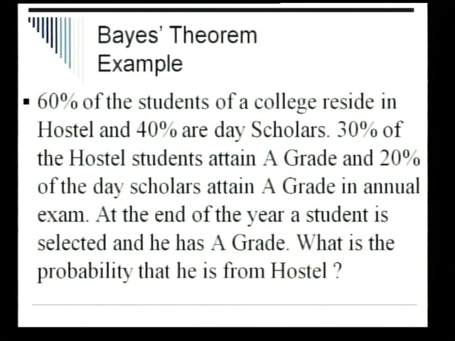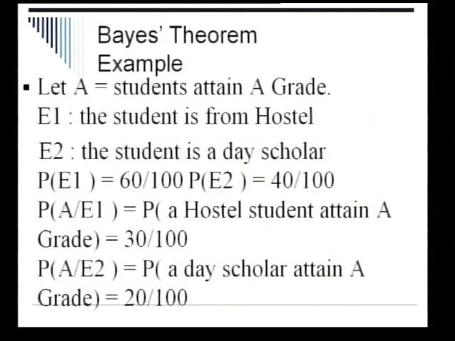So there are two types of students, hostel students and day scholars. Probabilities are given, so we assume events. A is the event that the student attains an A grade. E1 is the event that the student is from the hostel, and E2 is that the student is a day scholar. These are two mutually exclusive events, so a student is either from the hostel or a day scholar, right.